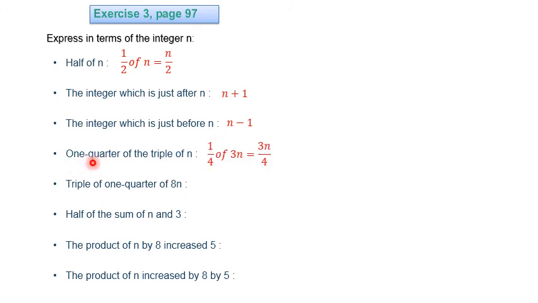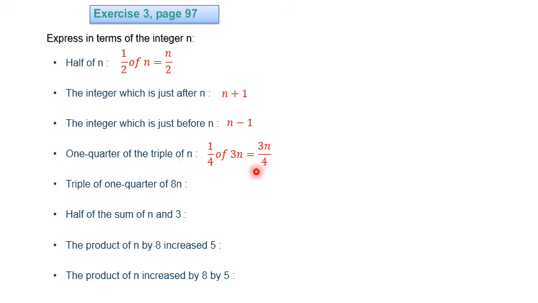Double means times 2, triple means times 3, quadruple means times 4. So 1 over 4 of triple of n, which is 3n, is how much?